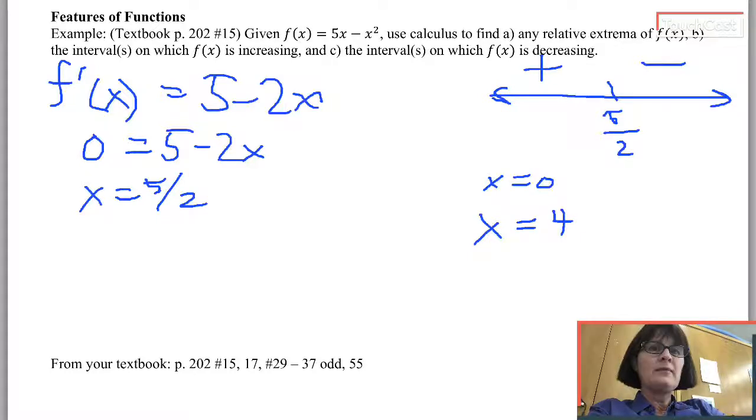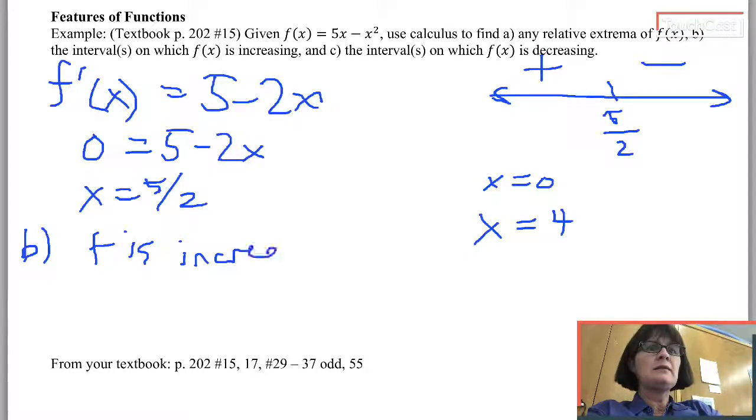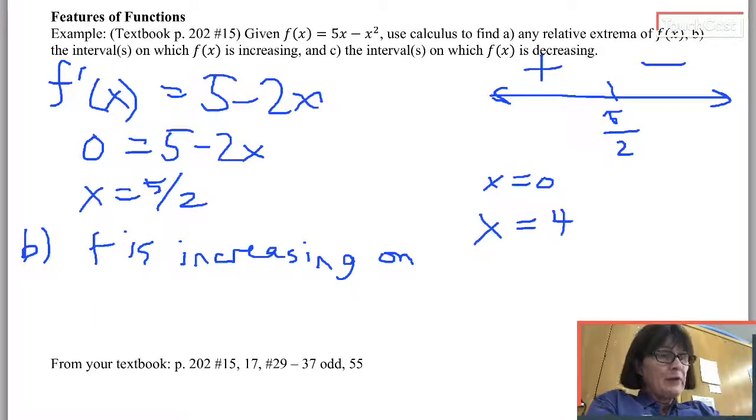I'm okay with that. So part B, I would say f is increasing on, okay, at this point you could use interval notation or you can use inequalities notation, but we have to find a way to say increasing.